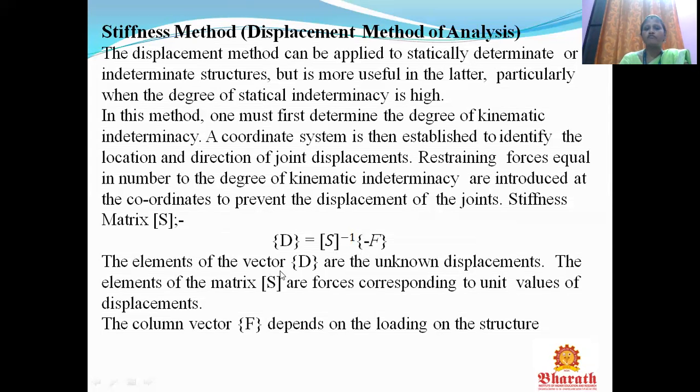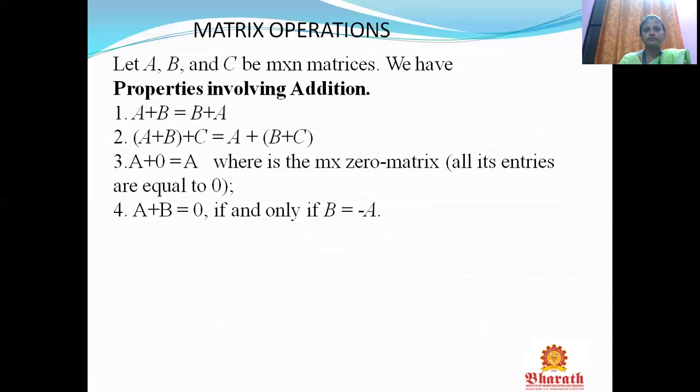Here the elements of vector D are unknowns. What we are finding is displacement, so the notation for displacement is D. That's why the formula is D equal to S inverse F. The elements of the D vector are unknown displacements. The elements of matrix S are forces corresponding to unit values of displacement. The column vector F depends upon the loading of the structure.